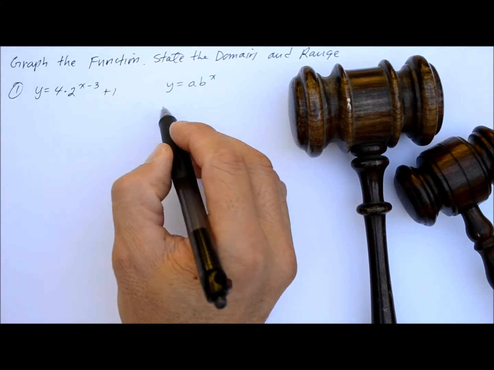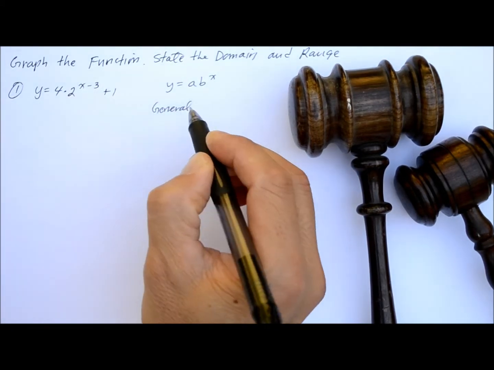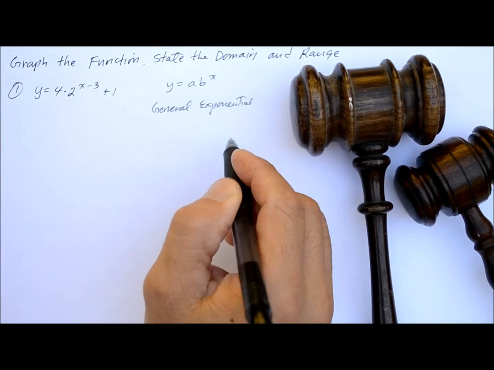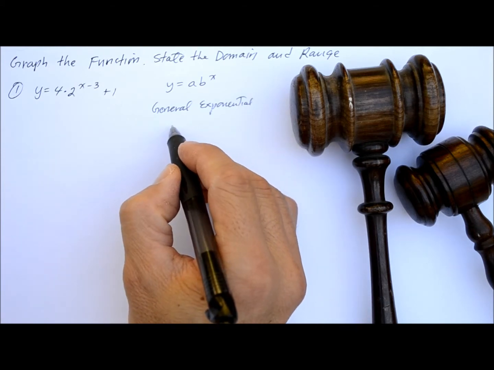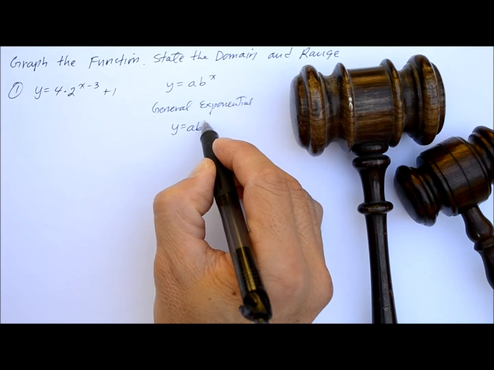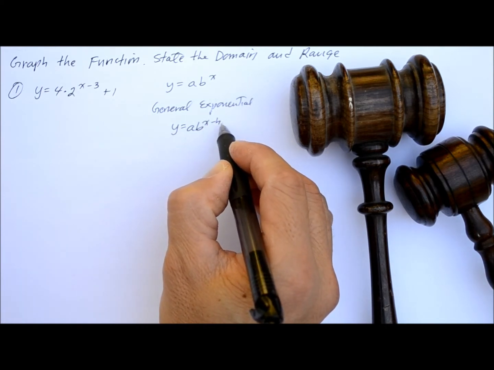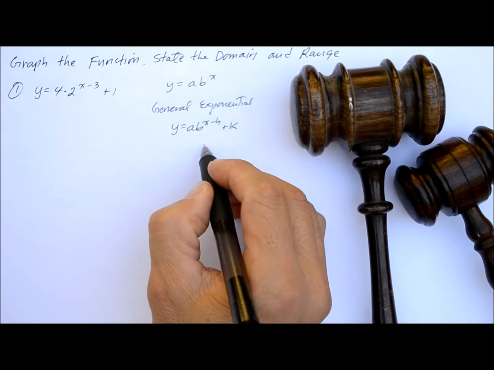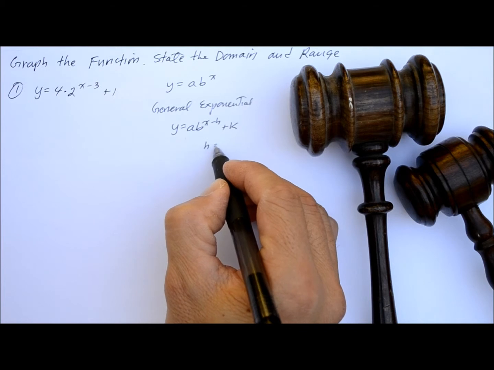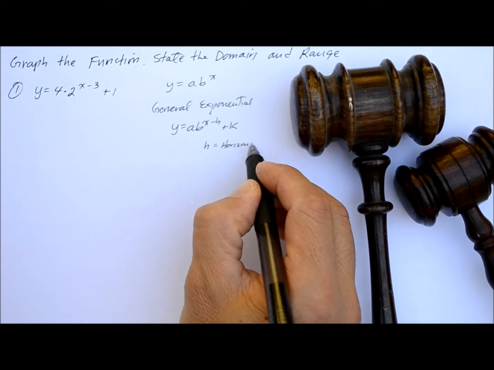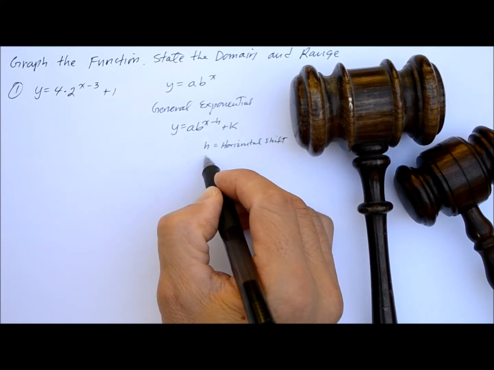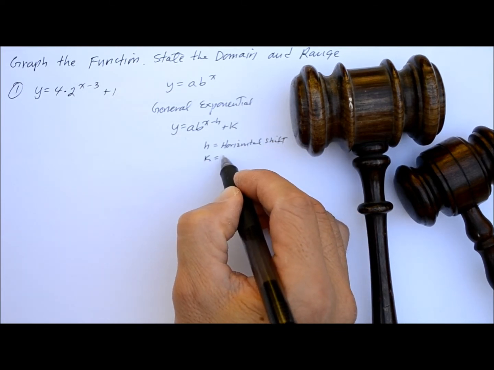So now we have a thing called the general exponential function, which is given as y is equal to a times b raised to x minus h plus k, where the inverse of the h indicates the horizontal movement, the horizontal shift, and the k as given indicates the vertical shift.